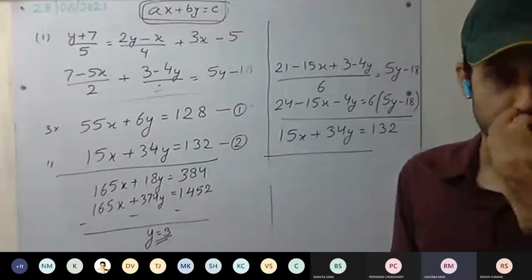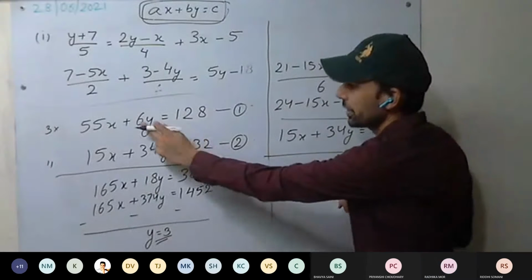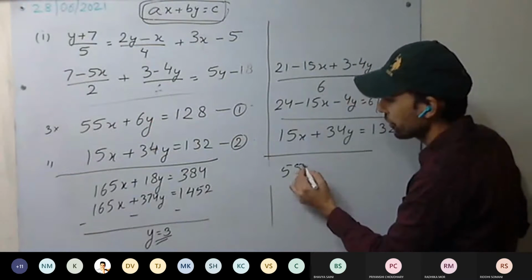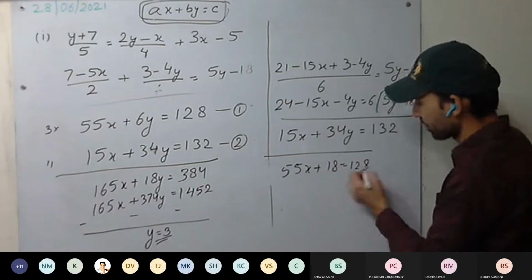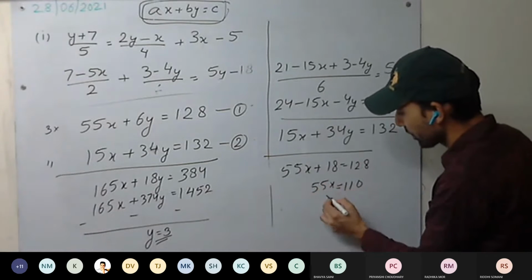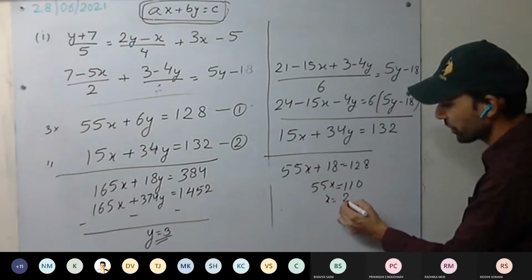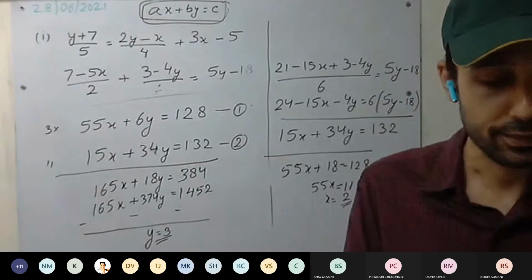Sir, x is equal to 2. So putting it here, it will be 55x plus 18 equal to 128. Minus 18, it will be 110 equals 55x. So x equals 110 divided by 55, that is 2. Is this clear to everyone? Anyone have a doubt?